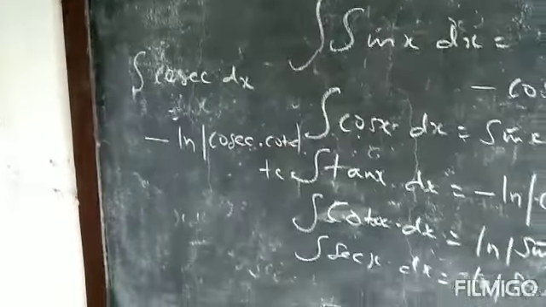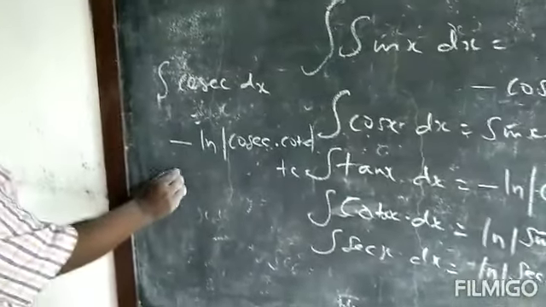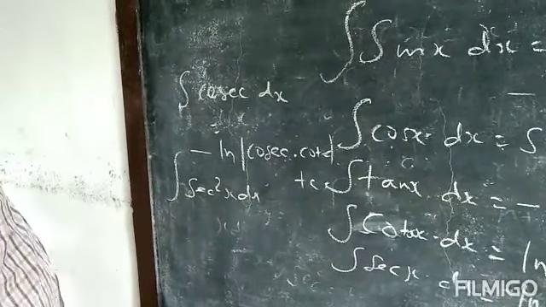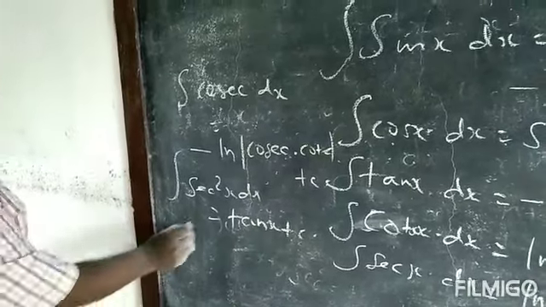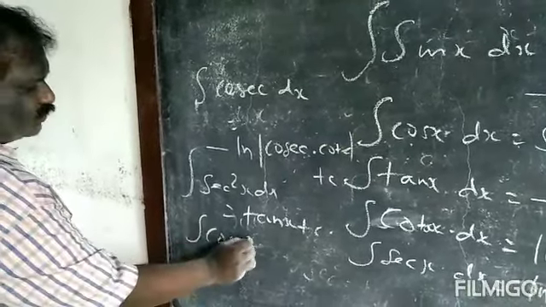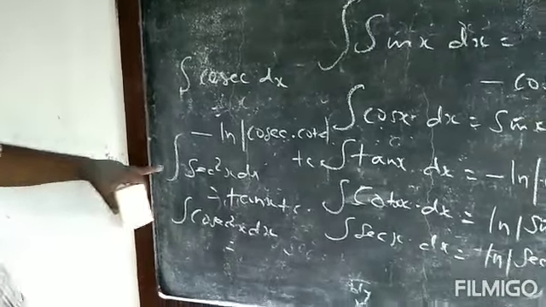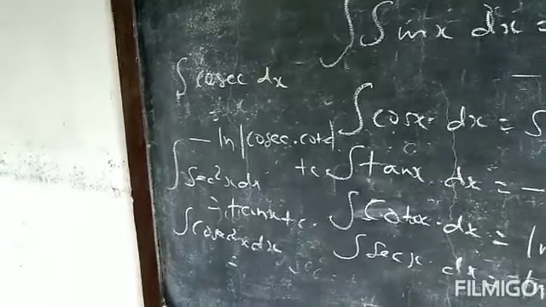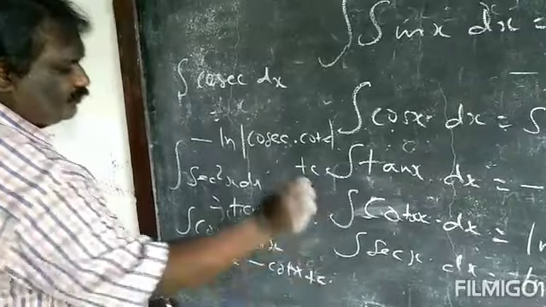When we take into account secant square x, integral secant square x dx is equal to tan x plus c. Integral cosecant square x dx is equal to minus cot x plus c.